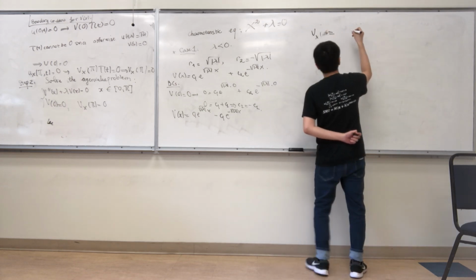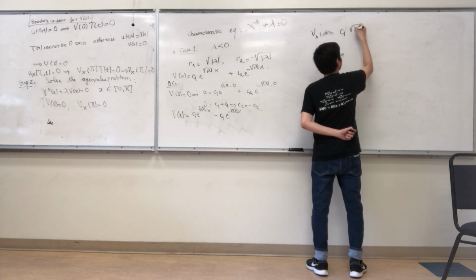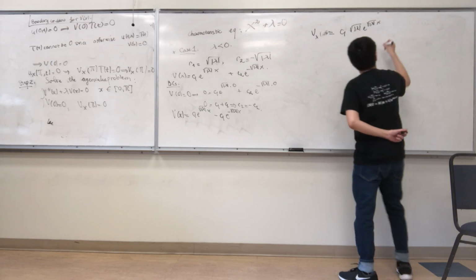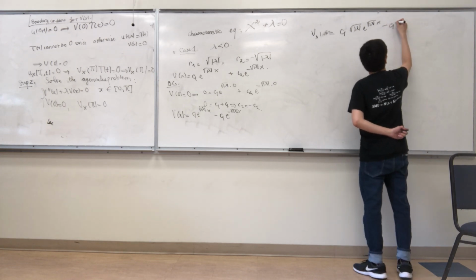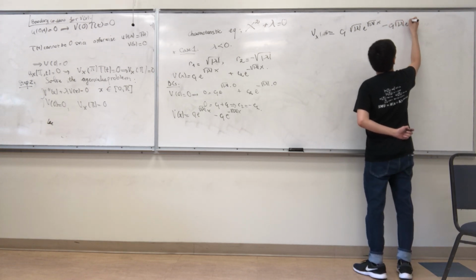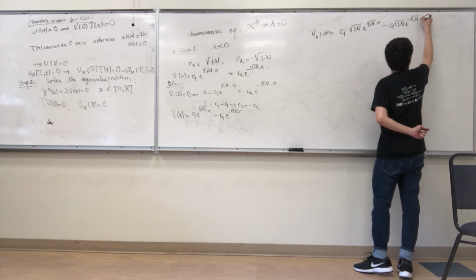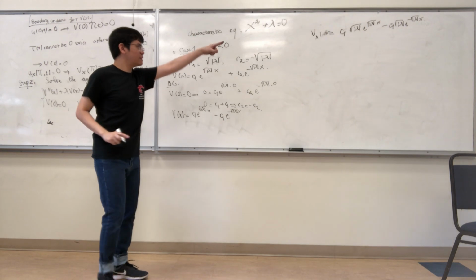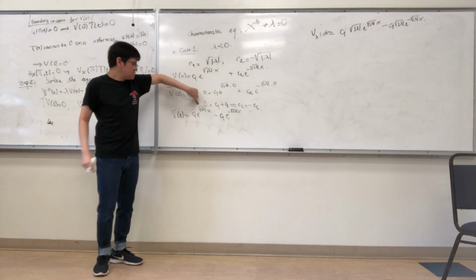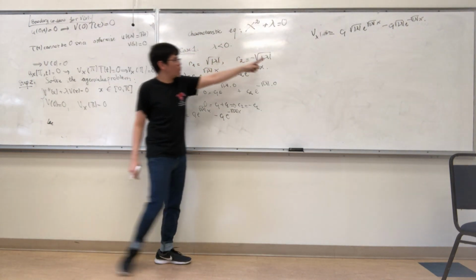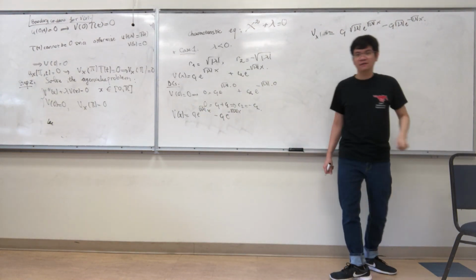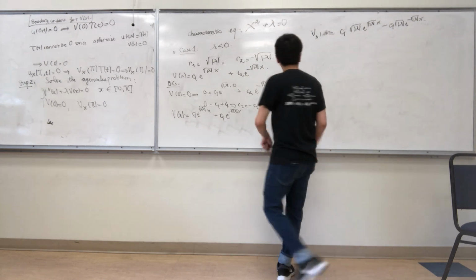So you take the derivative of this guy, you get C1 square root of lambda e to the square root of lambda x, minus C1 square root of lambda e to the minus square root of lambda x. So the derivative of this guy will give you square root of lambda exponential, and the second one is this guy. So I'm going to replace pi there.